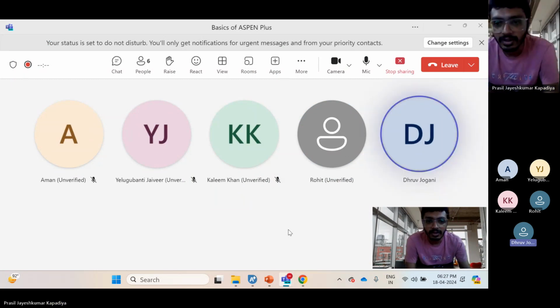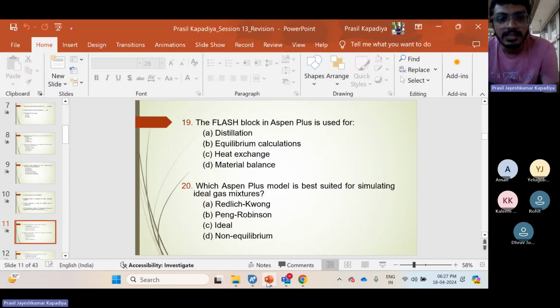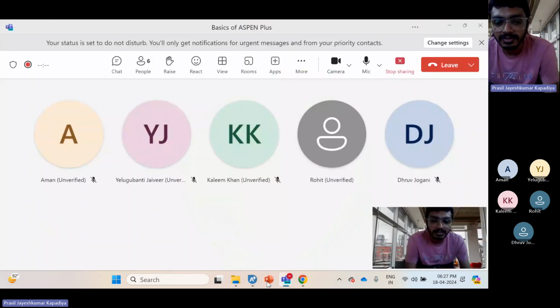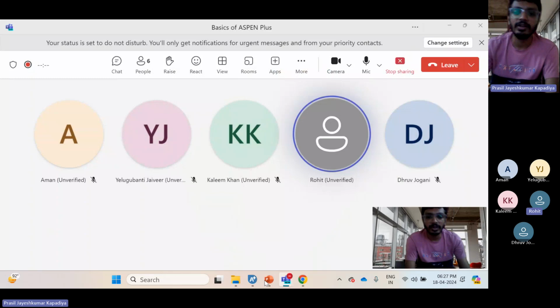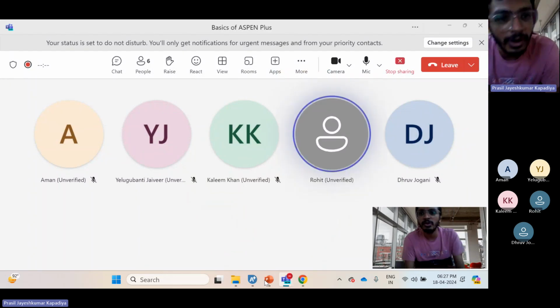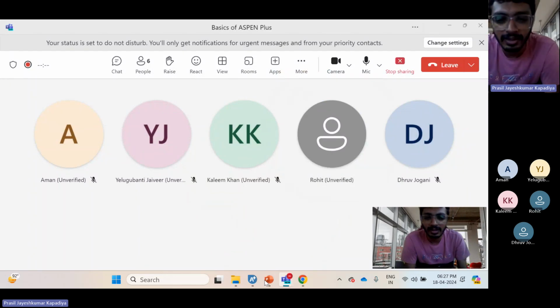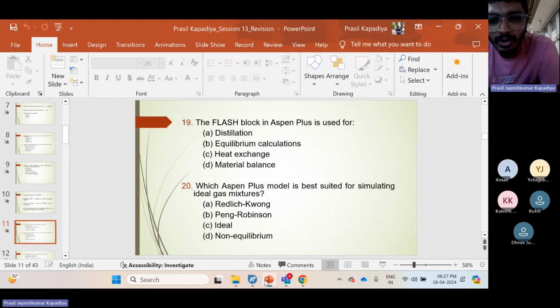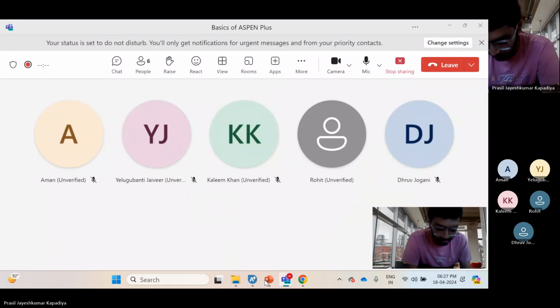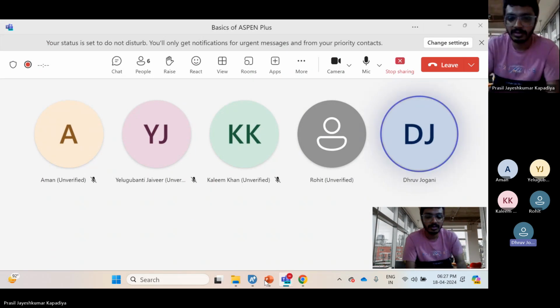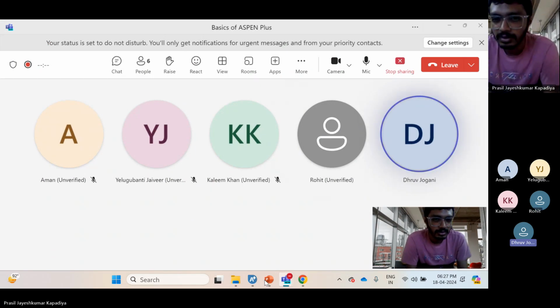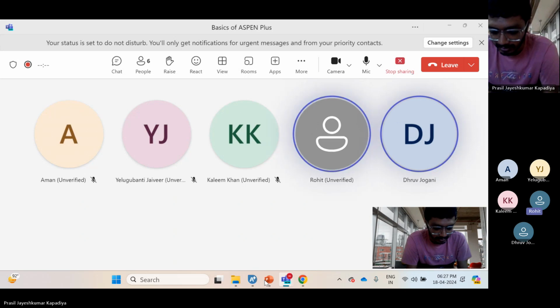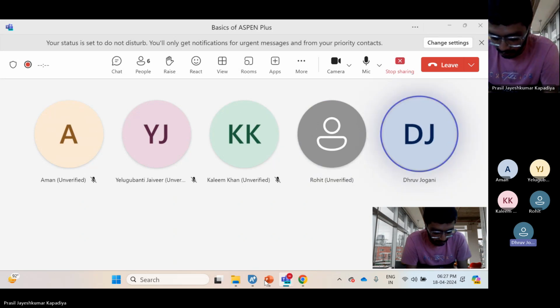Dhruv, first coming to you. Why do you think this flash unit is used for distillation? Sir, it is located in the separators along with the separators, so I think according to that.